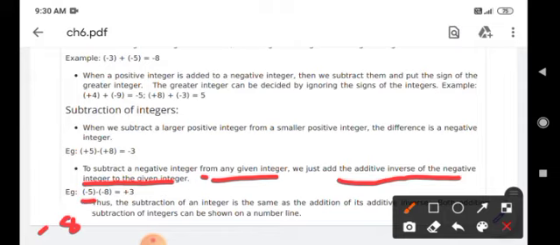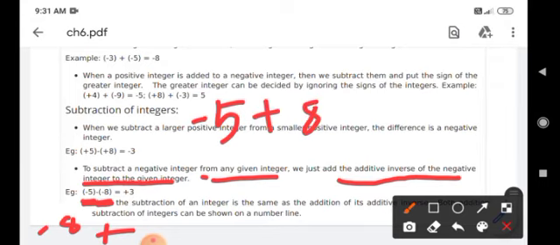The given integer here is minus 5. So from minus 5 we subtract a negative integer. We can see two minus signs here, and these two minus signs will become plus. So we write minus 5 plus 8.